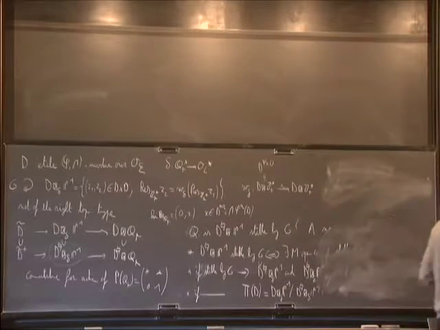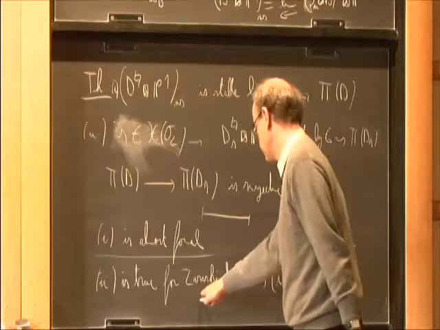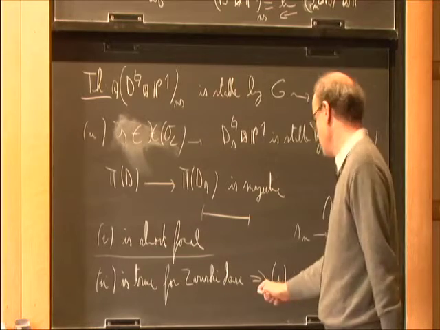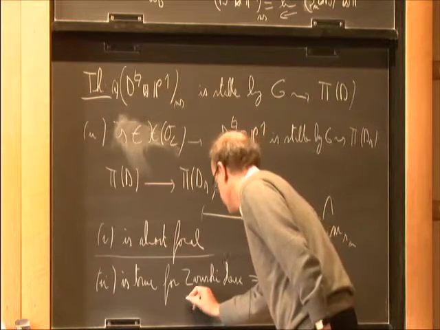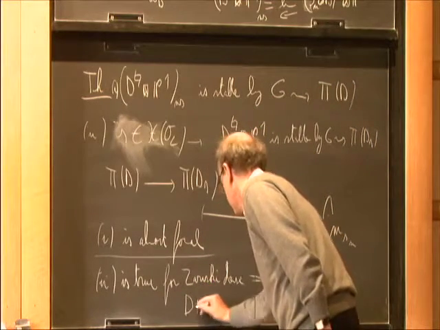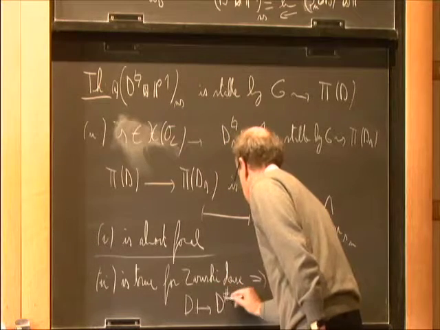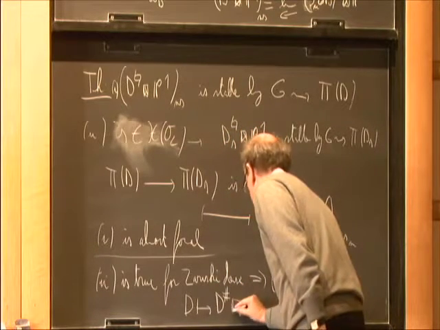Maybe I should say that this statement is not difficult to prove. What it uses basically is the fact that this functor D goes to D sharp cross Q_p, and this one is exact.